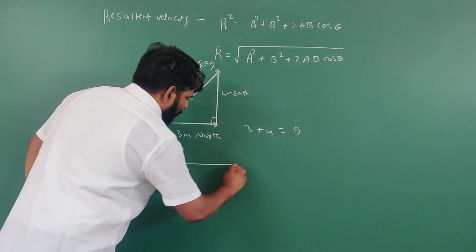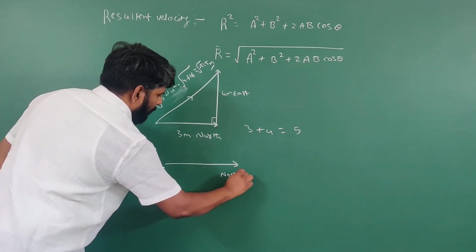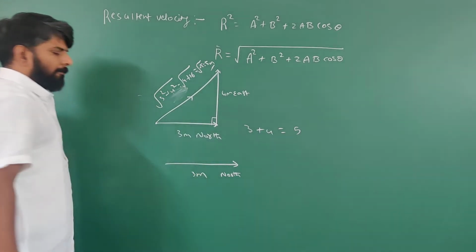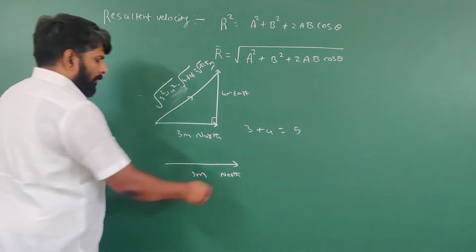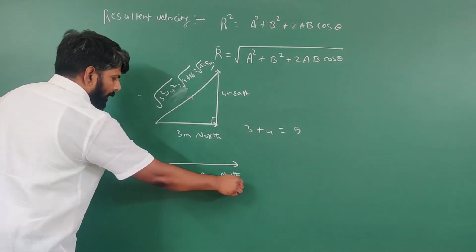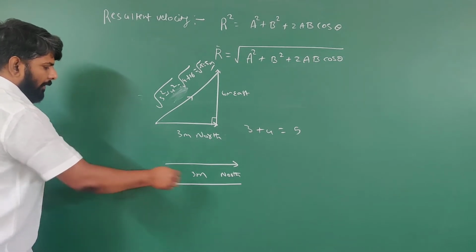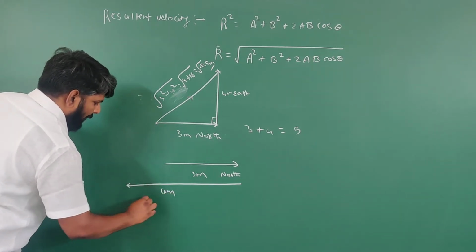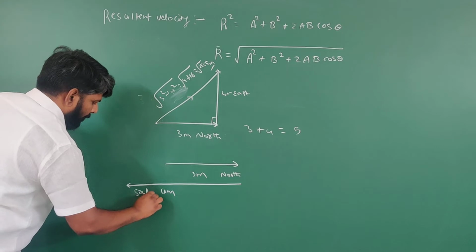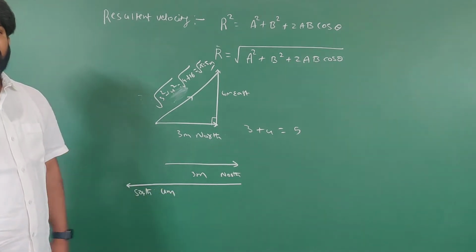For example, a person starts moving towards north, 3 meters north, right? And again moved towards south. From there he moved towards south 4 meters. Then what is the resultant here?